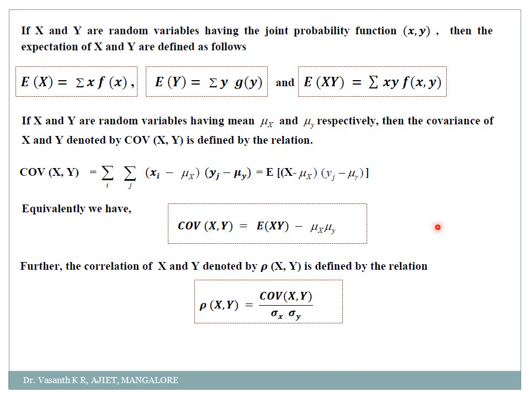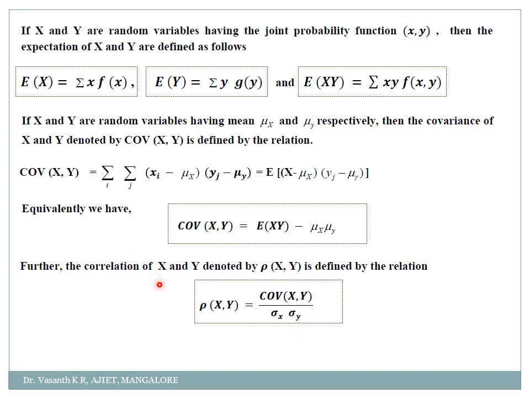Further, the correlation of x and y, be careful, this is covariance, this is correlation. Correlation of x and y is denoted by rho of xy and is defined simply as covariance of xy divided by sigma x into sigma y. What are sigma x and sigma y? Standard deviation of x is sigma x, standard deviation of y is sigma y, okay.